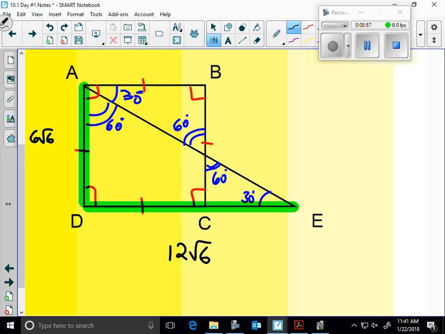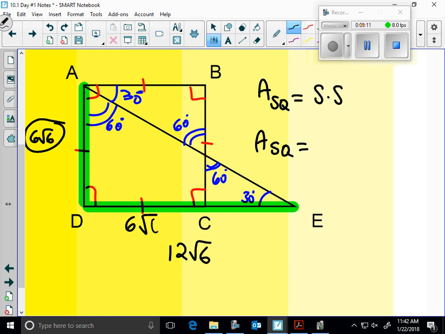And I want the area of the square, yeah, area of the square. Well, area of a square is side times side. And this square in particular has a side of 6 root 6, which means I'd have 6 square root of 6 times 6 square root of 6. I don't like the way that's written.